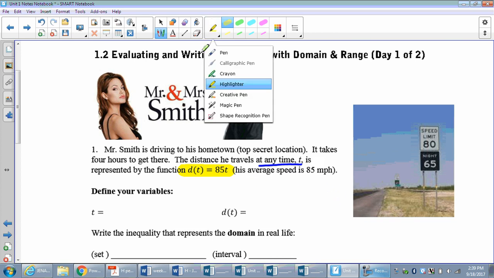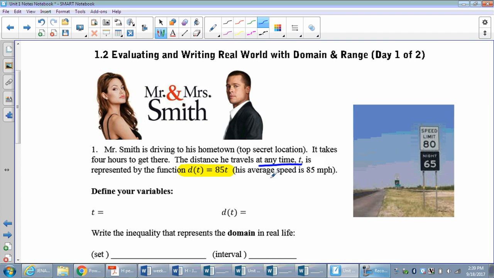Let's first define our variables. Right away, because I underlined this as I was reading, I see that t is time. But I don't want to just leave it as time. I want to be a little more specific. I see that it mentions it takes 4 hours and speed is 85 miles per hour. So I know that time is being measured by number of hours.